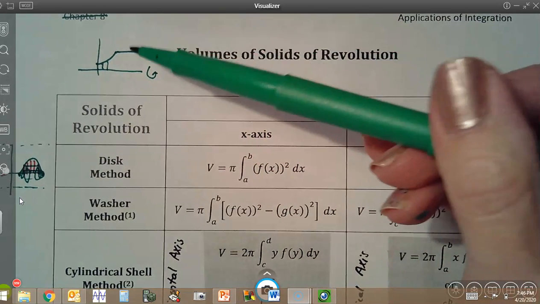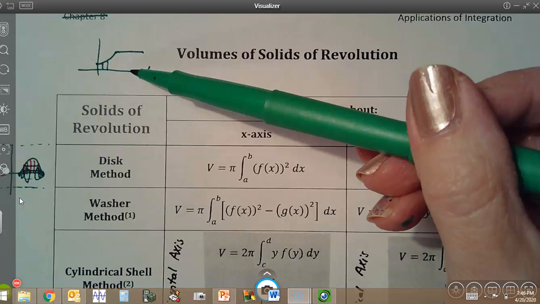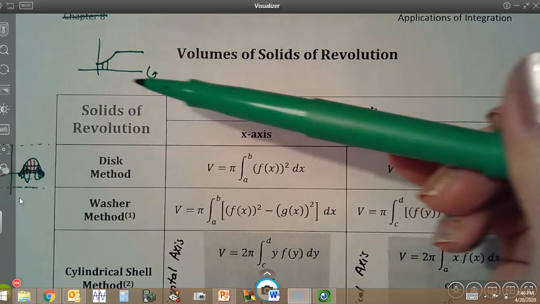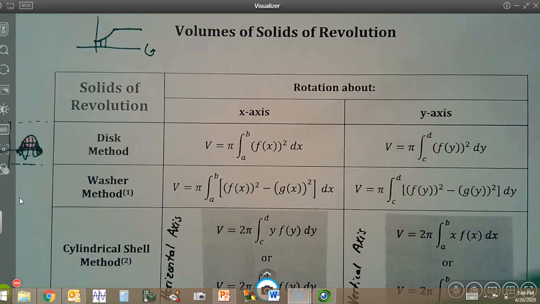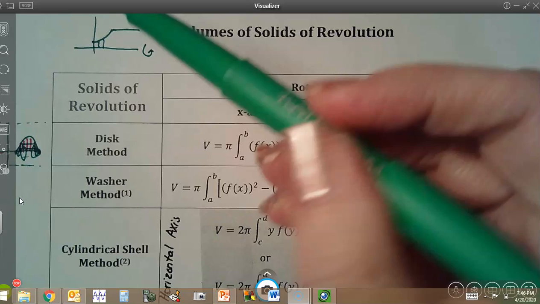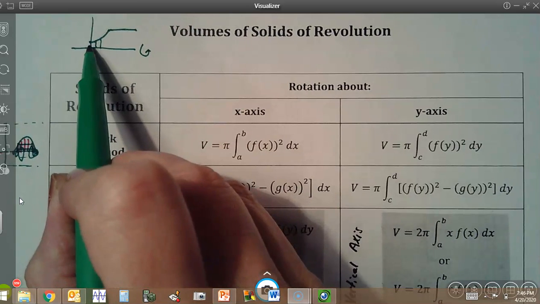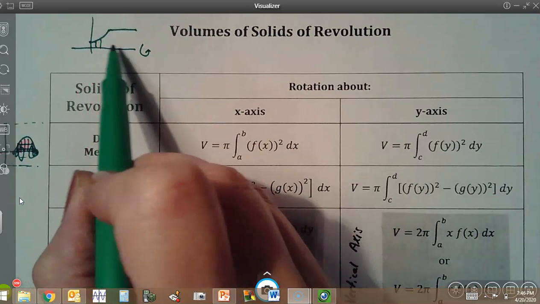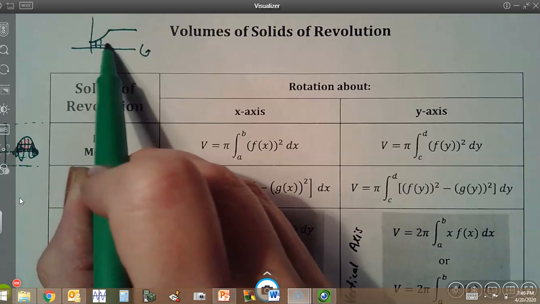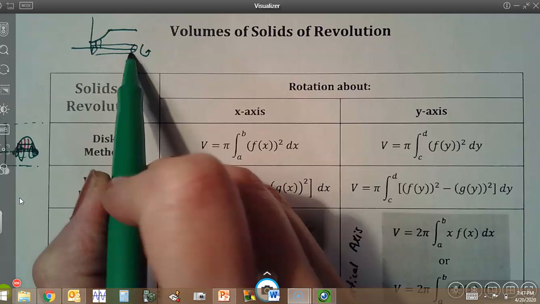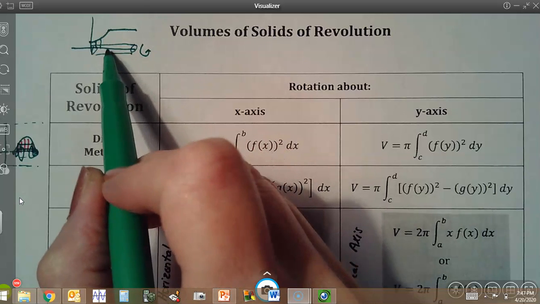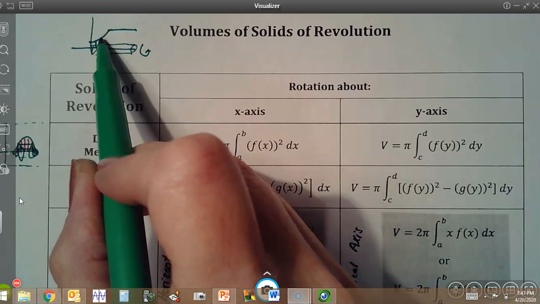Could you maybe rotate it around the x-axis with another method and not have to do two integrals? Is it possible? Could you do a shell method on that? The shell method would have to run parallel, the cross section, like here, would be a cylinder. Would that be a possibility to do it with one? Then your radius would be your y coordinate.